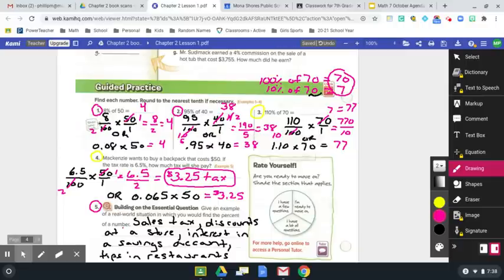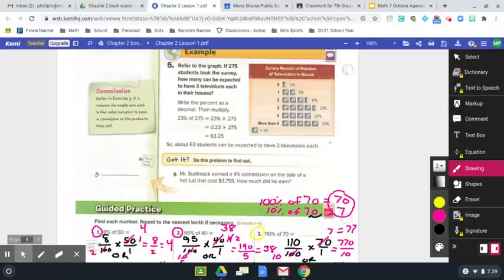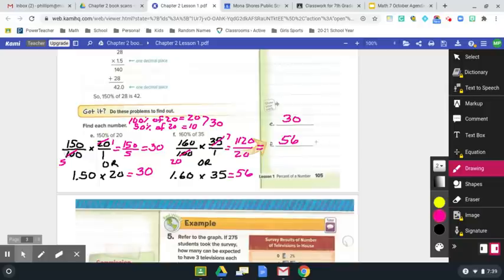So one thing you need to realize is when you do these percentages over 100%, your answers are always going to be bigger than what you're starting with because you're talking about values that are over 100% of that number. So, right, like in number 3, you're starting with 70, and if you're finding 110% of it, it's 77. It's bigger than that value. Back here, when we were doing the got it's, same thing.